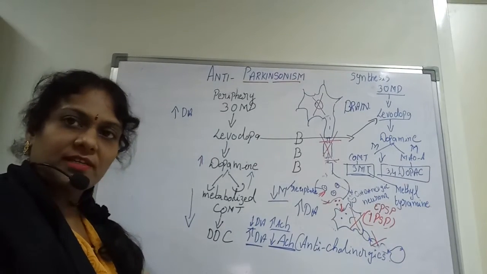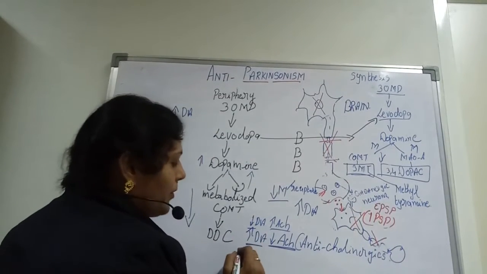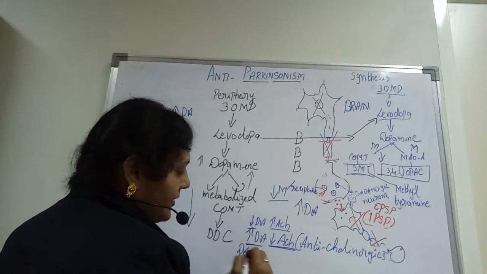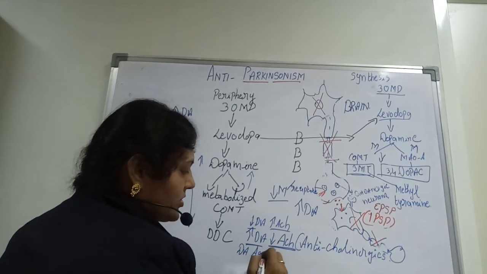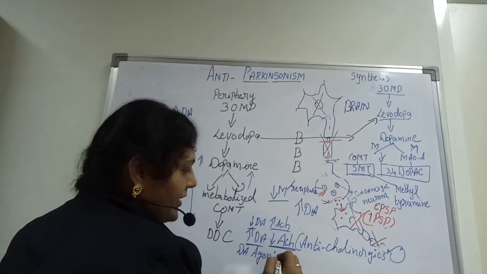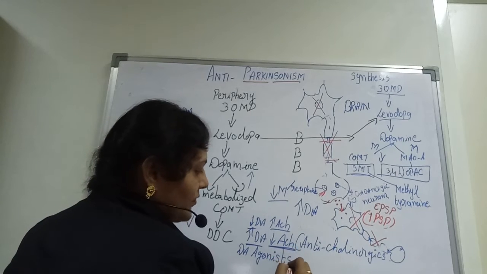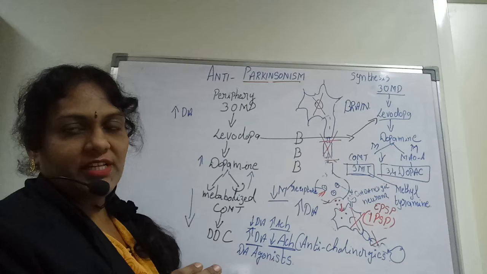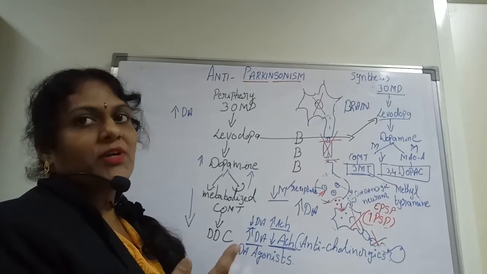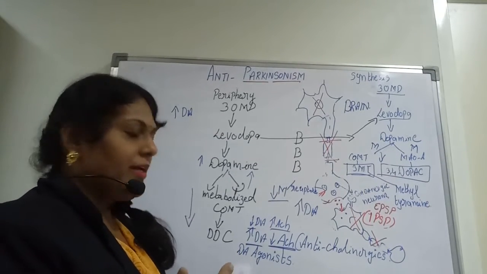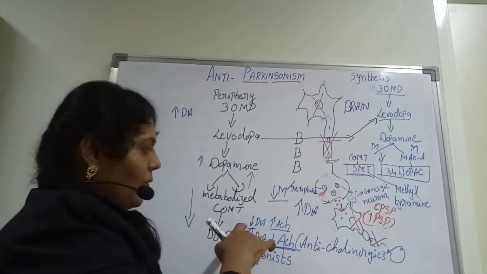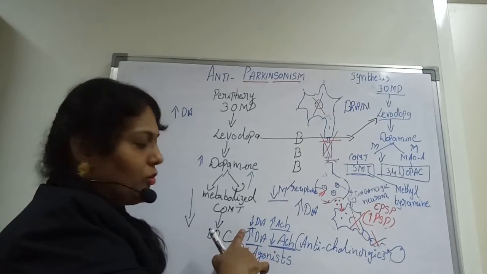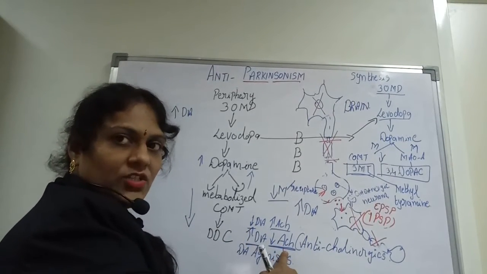So anticholinergics can be used, or dopamine agonists can be used. Why? Because they do the favor of increasing dopamine. So there are two steps in treating Parkinsonism: the two main treatments are whether to increase your dopamine or to decrease your ACh.